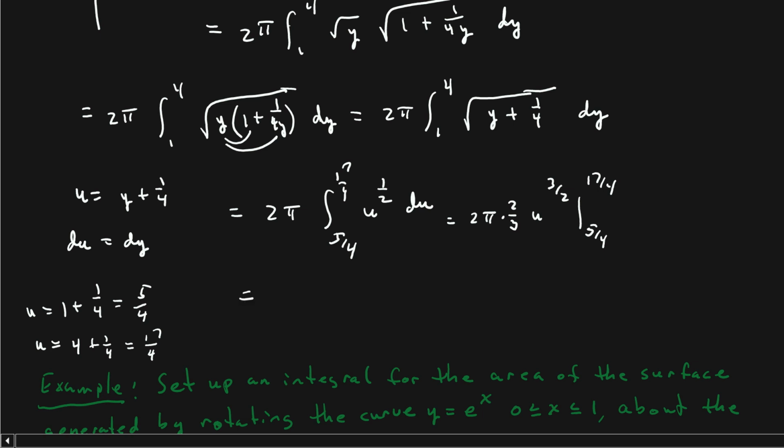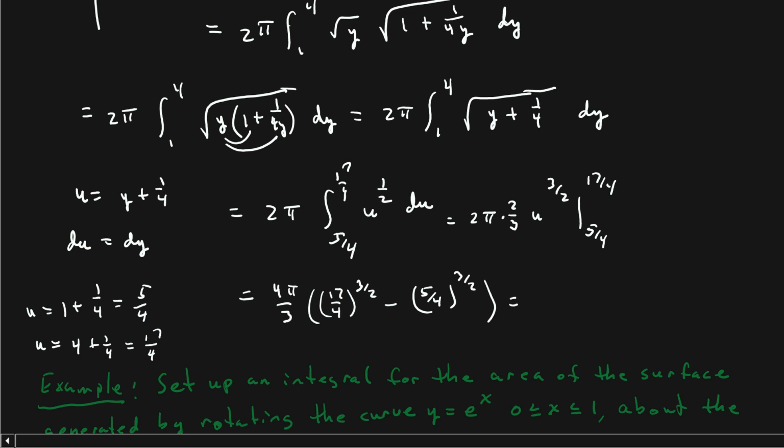I hope I didn't make an arithmetic mistake anywhere, but if I did, oh well. You get the idea of what's going on here. So that's going to be 4 pi over 3 times 17 over 4 to the 3/2 minus 5 over 4 to the 3/2.